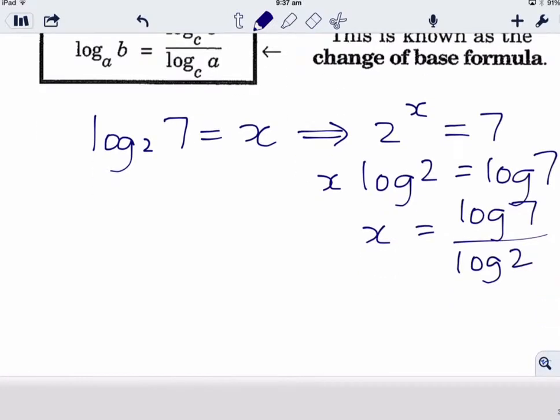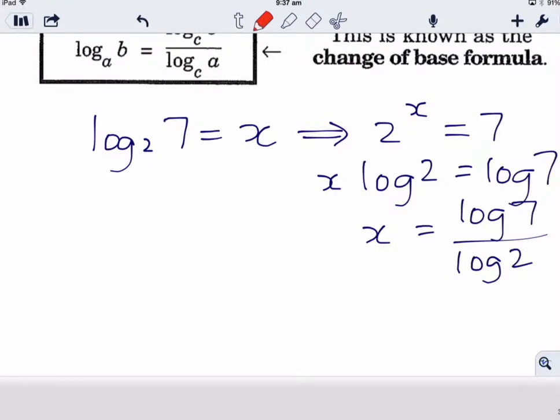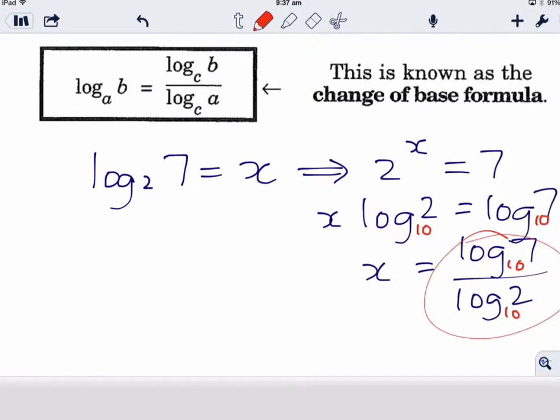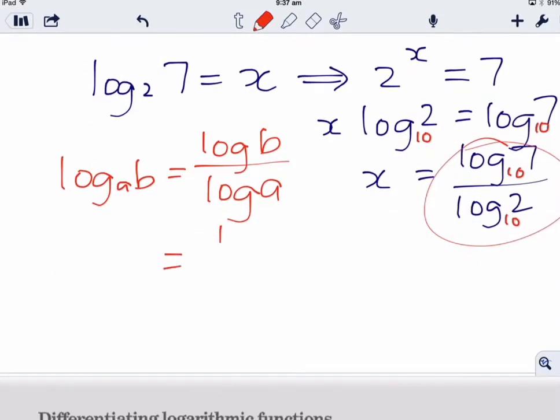Here it doesn't matter what base logarithm I'm using, so I could be using base 10 or e. I'll put base 10 down here. It doesn't matter which one I use, that is the answer to what x is. So in general, log base a of b, as you can see from the example, just gives us log b over log a. You could also say that that's ln b over ln a also. So that's the change of base formula.